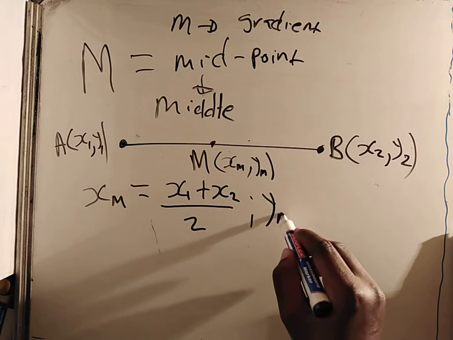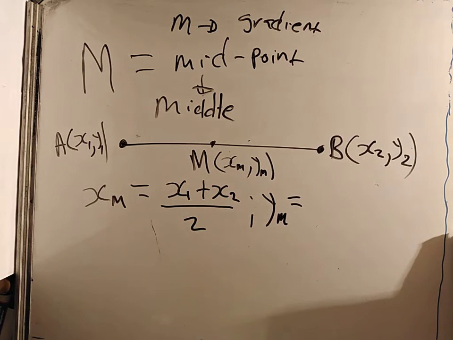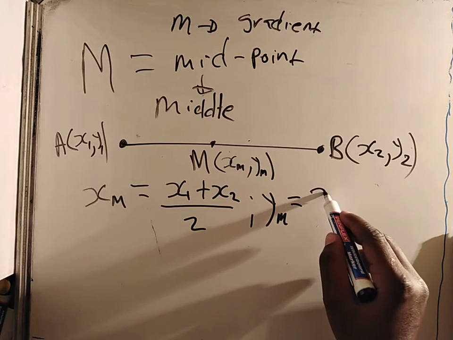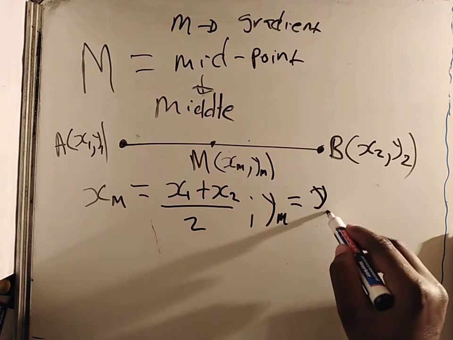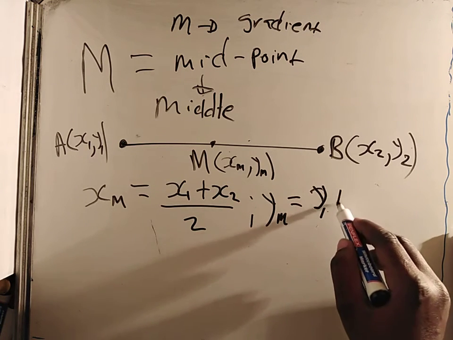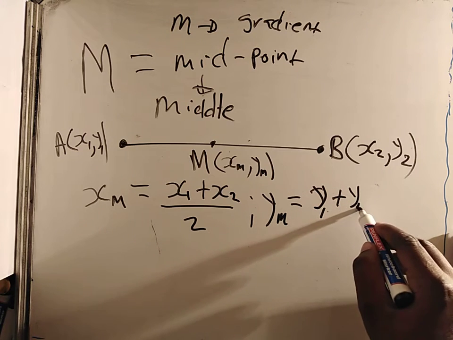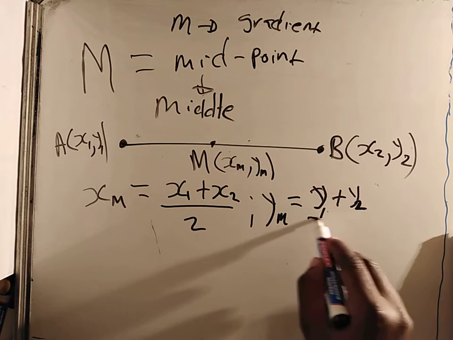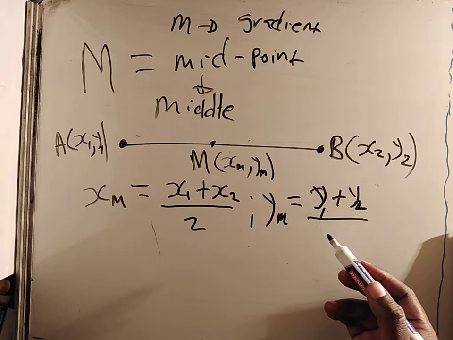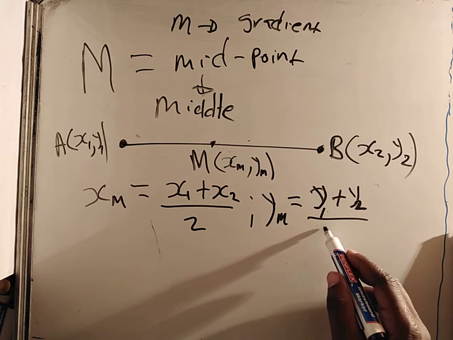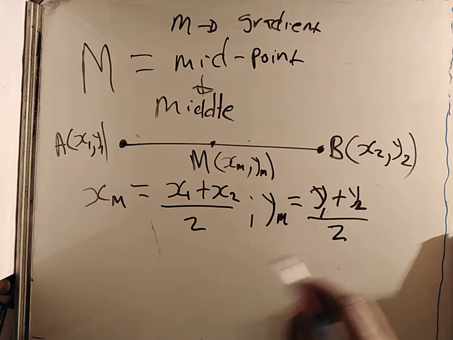You just say y1 plus y2, and then you divide by 2. That is exactly how you find the y of a midpoint.